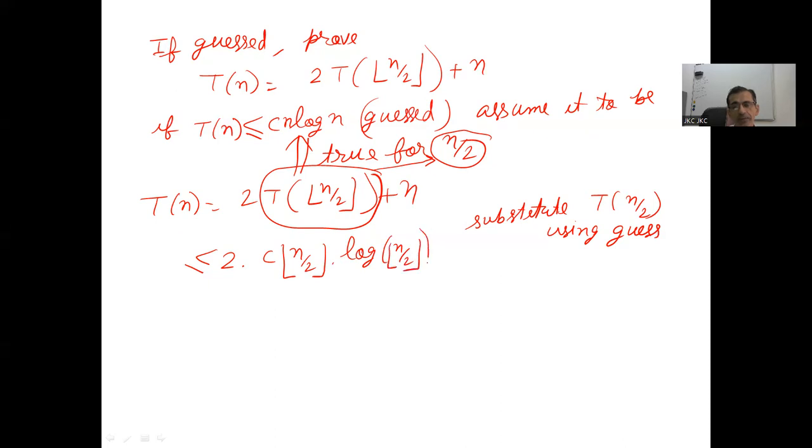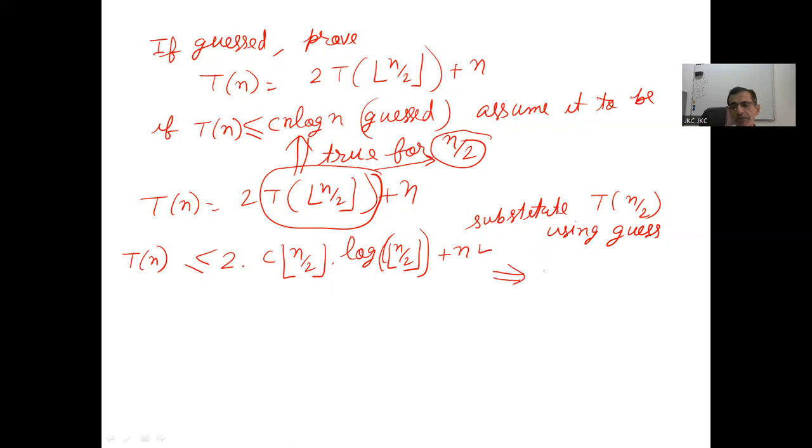Later we will remove the floor, but intentionally I'm continuing with floor, because even if a floor is there, you can still pursue. Of course, for a rough approximation, floor doesn't make much of a difference. So I say T(n) is going to be this.